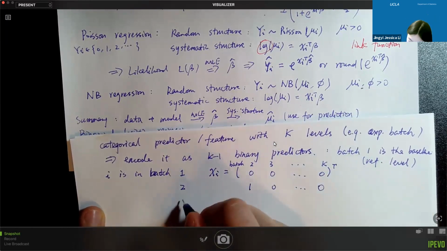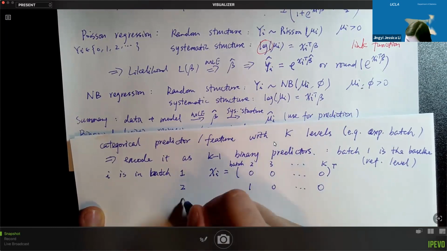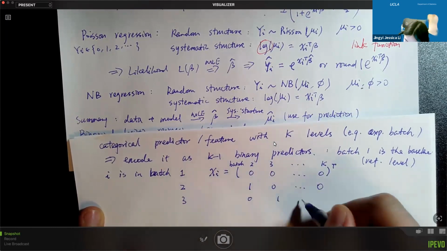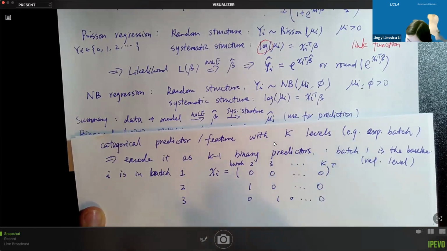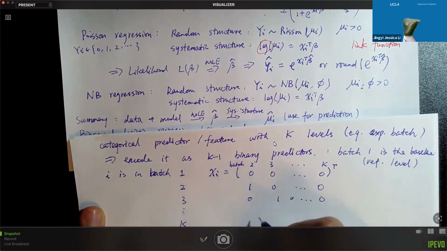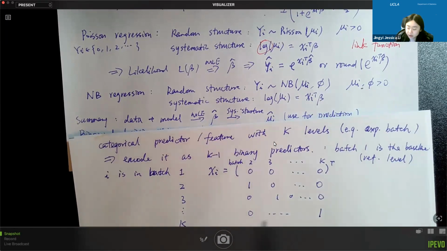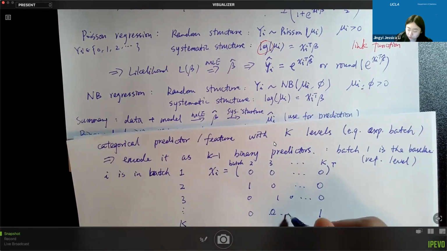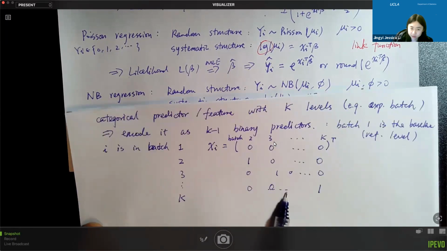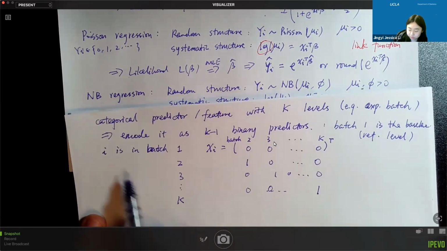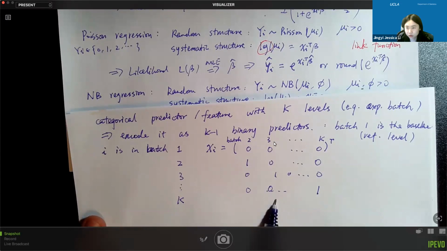If it's in batch 3, we will have 0, 1, 0. And if it's in batch k, we would have 0, 0, and the last one is 1. So using the binary encoding, we will be able to exactly code the batch each observation is in.